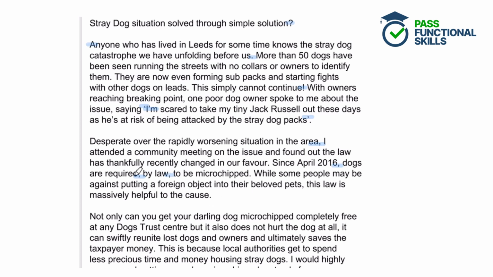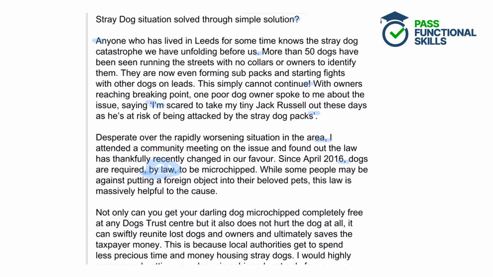So we're adding little bits of information. That by law in the middle there is another clause that we have added in to be microchipped. So adding additional information using commas. So overall, lots of different types of punctuation used really effectively in this answer.